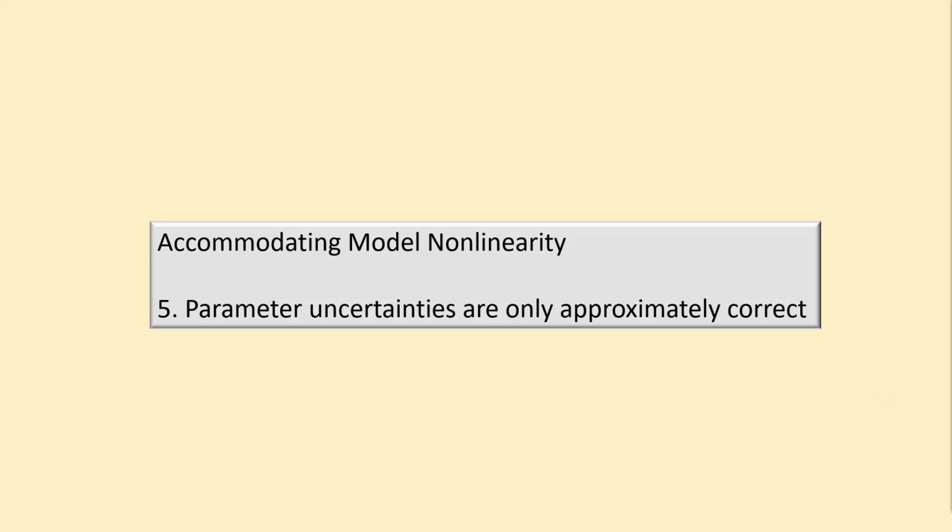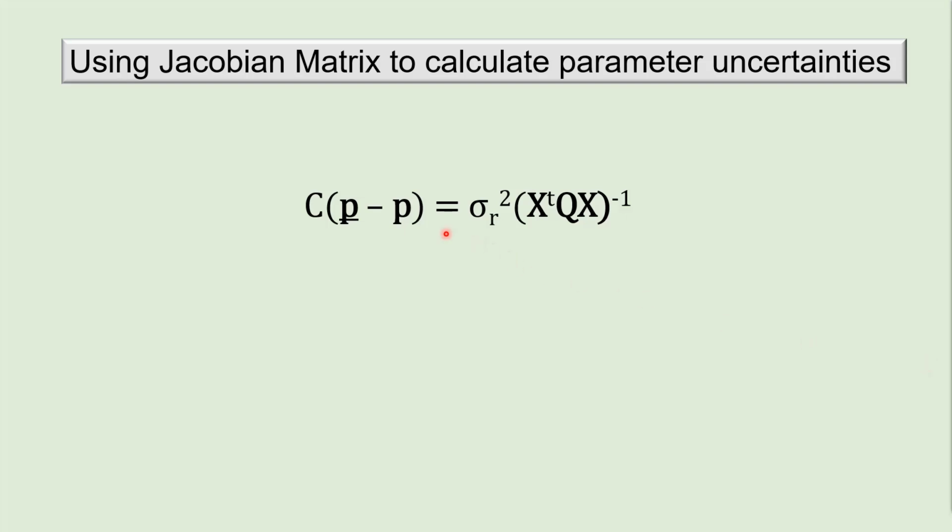Finally, we have to recognize that when we calculate the covariance matrix of parameter error, this is only approximately correct when we calculate it with a Jacobian matrix. The model is not linear. Normally, we calculate a Jacobian matrix once we've reached the minimum of the objective function using best parameter values, and on the basis of that Jacobian matrix we can calculate our covariance matrix of parameter error.